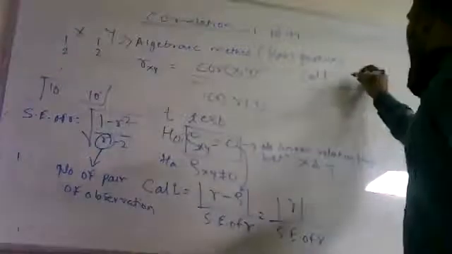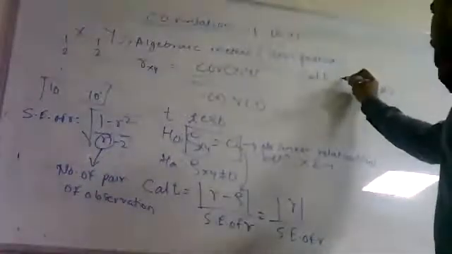Now, this calculated value you have to compare with the table value of t with n minus 2 degrees of freedom. Suppose calculated value is greater than or equal to table value, then your result is significant.